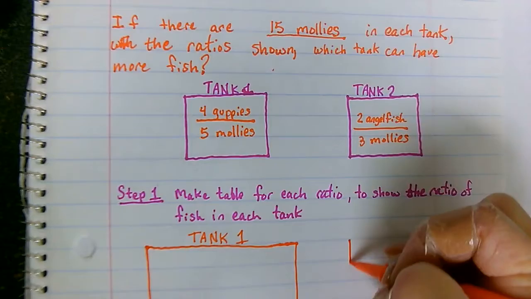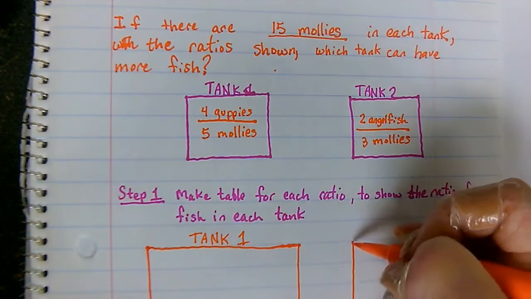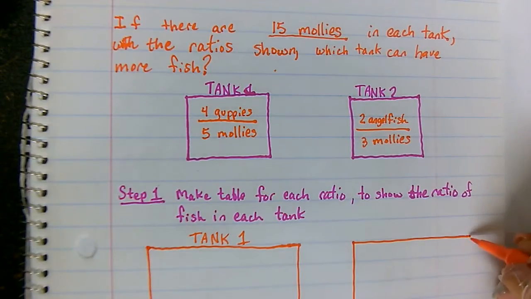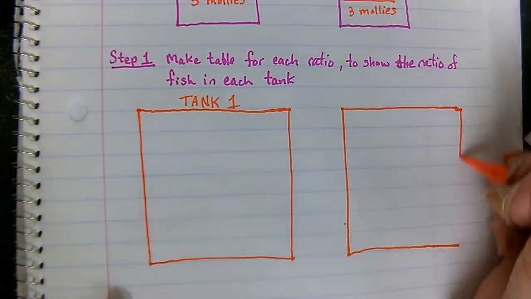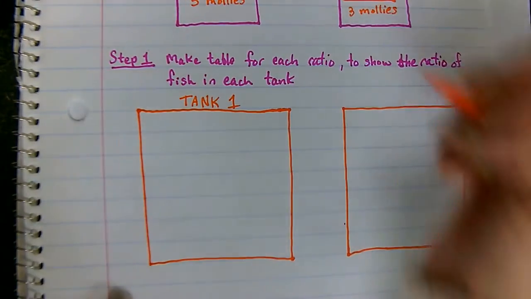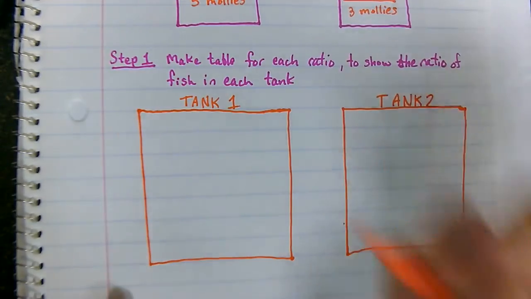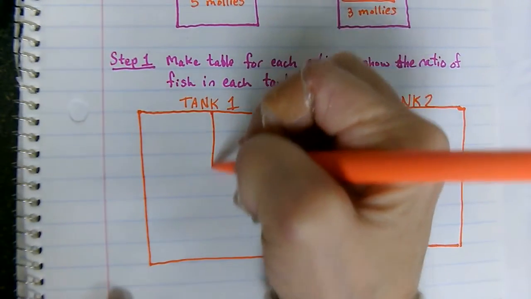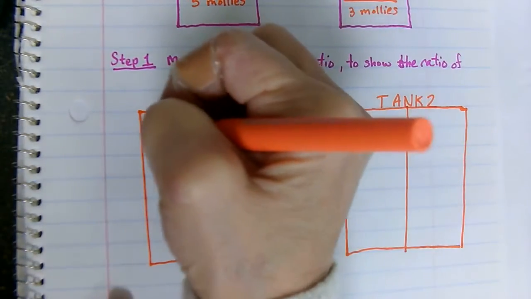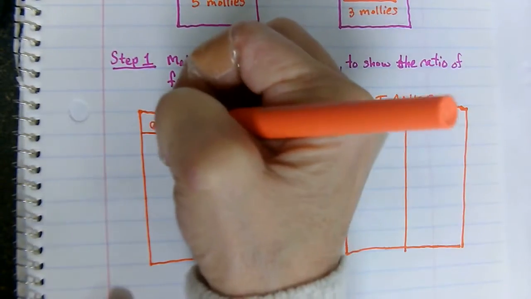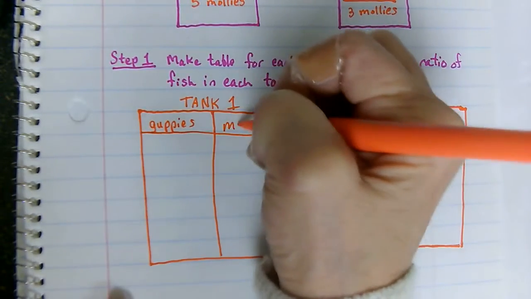And we'll do the same for tank 2. And slide this up so you can see it. Okay. Tank 2. Draw a line through here. And here we'll divide it into guppies to mollies. Guppies, mollies, and guppies, mollies.